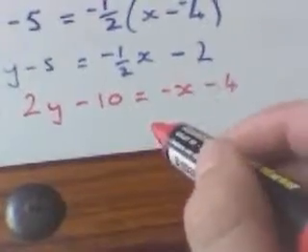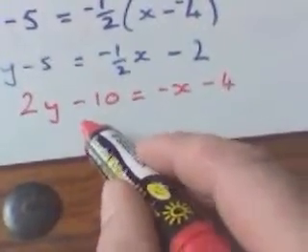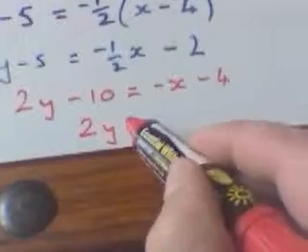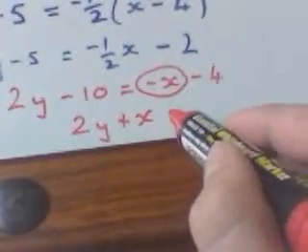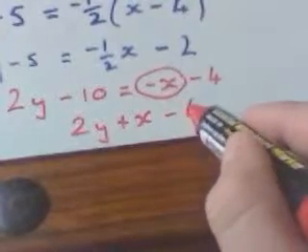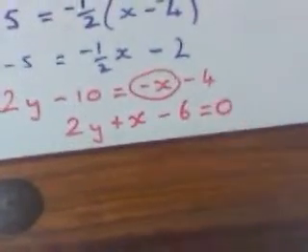and rearranging from there I could reach the point x plus 2y minus 6 equals nothing.